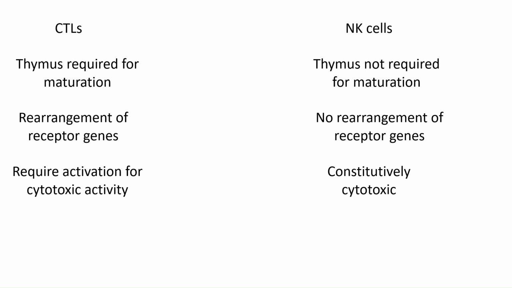They are constitutively cytotoxic, which means that they have the granules of various enzymes that they use to kill cells, and the cytotoxic T lymphocytes don't always have these granules. They start making them after they are activated. And finally, the point which I think relates most to the question, that is, cytotoxic T lymphocytes are MHC1 restricted.